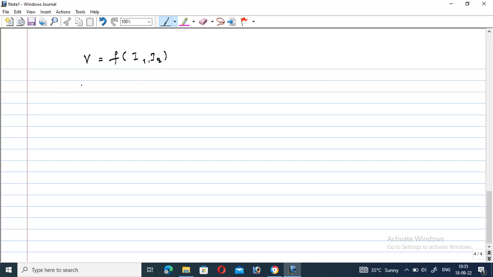So from the previous matrix we can represent V1 is equal to Z11 into I1 plus Z12 into I2, as well as V2 is equal to Z21 into I1 plus Z22 into I2. Let us consider these as equation A and equation B.